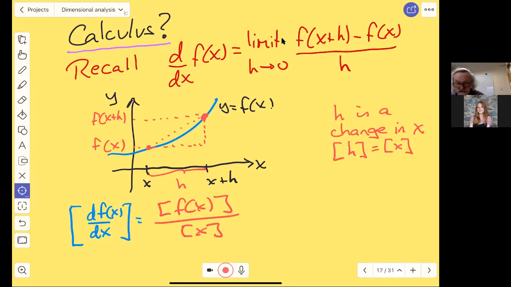And that is going to tell you the dimensions of your answer if dimensions are relevant to the problem in hand. Okay, so let's look at an example. Does that make sense to people? Dimension of the derivative is the dimension of the function divided by 1 power of the dimensions of the variable.